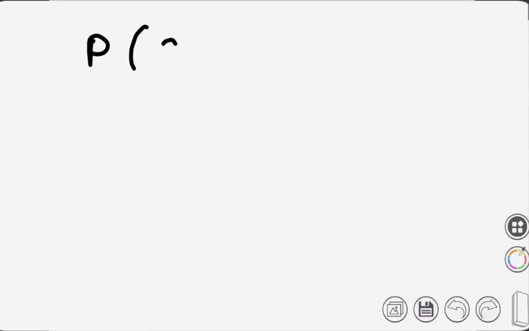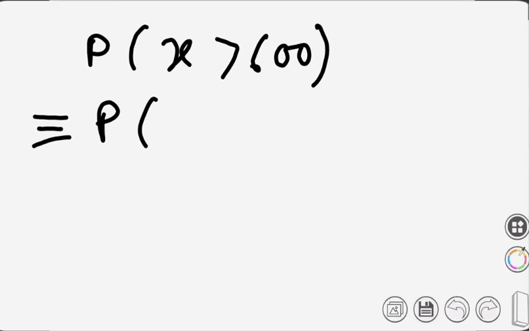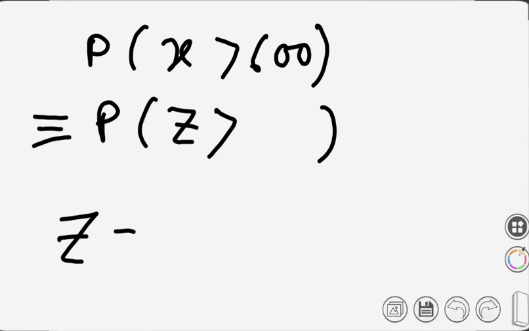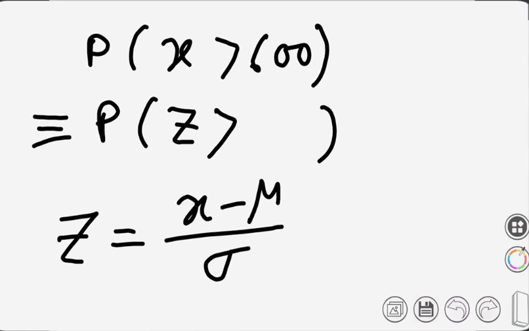Probability x greater than 600 is equivalent to probability z greater than... actually, how we have defined z: z equals x minus mu by sigma. That is the transformation that we do. From a normal distribution, we can convert to a standard normal distribution by changing the origin and scale, which we discussed in the previous class.